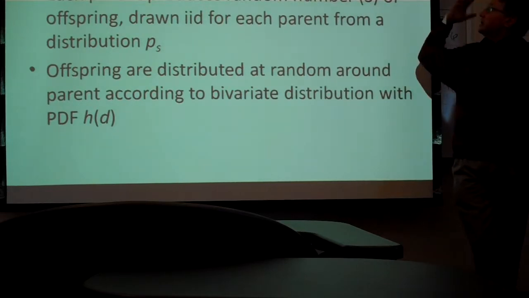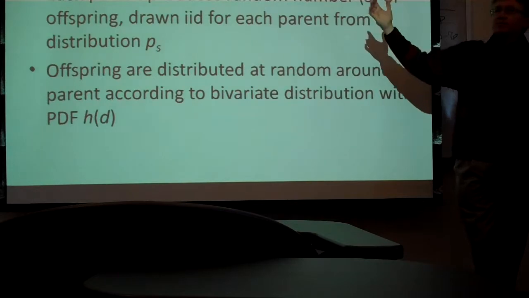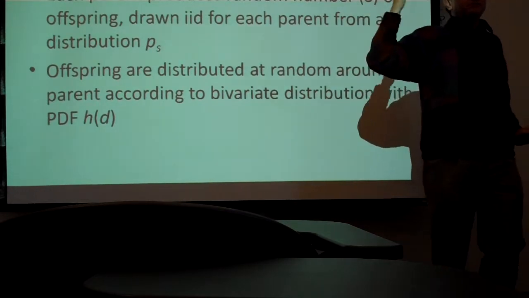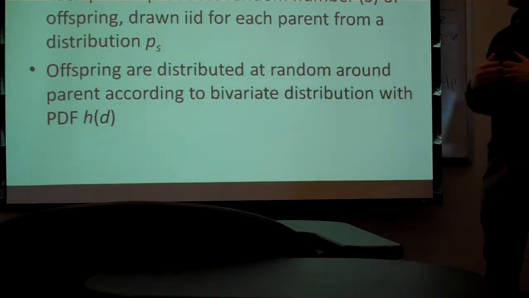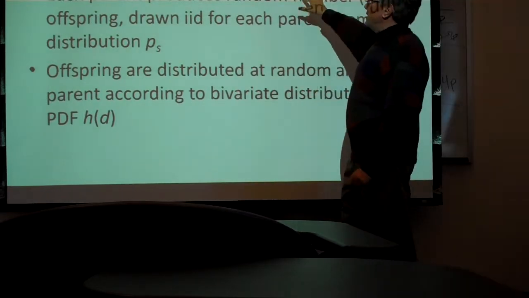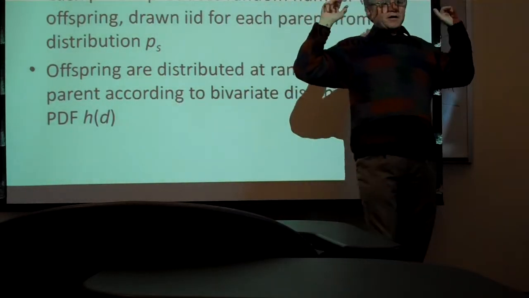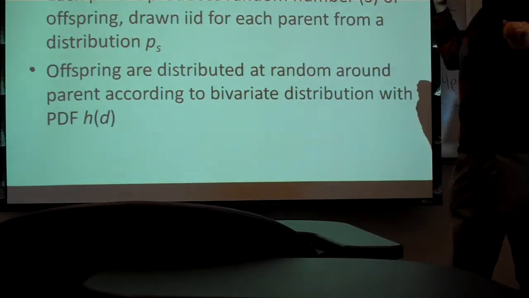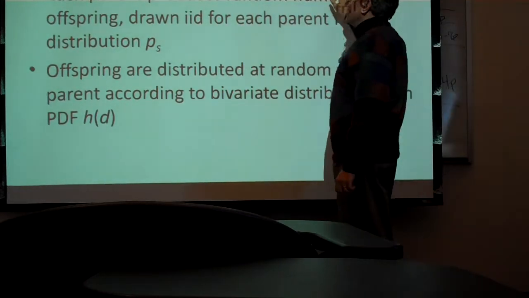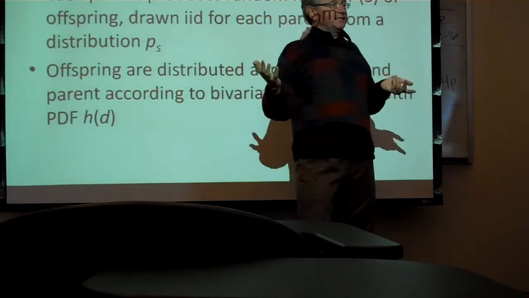One way to generate a stochastic process that represents that notion of trees having offspring around them is to start by creating a set of, quote, parent events. You have a Poisson process with intensity rho, which is less than lambda.